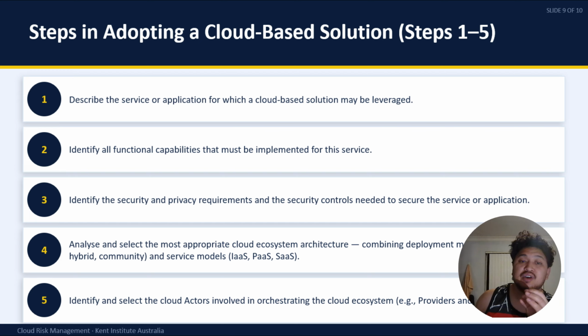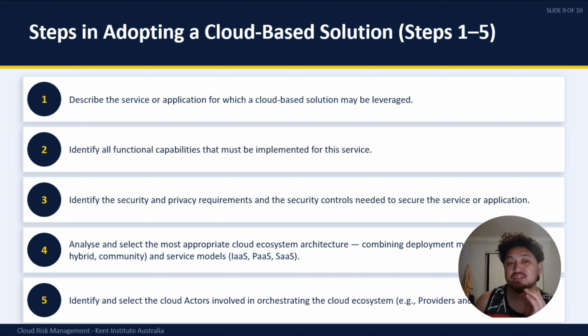Step 3. Identify the security and privacy requirements as well as the specific controls needed to protect the service. Step 4. Analyze and select the most appropriate cloud ecosystem architecture.